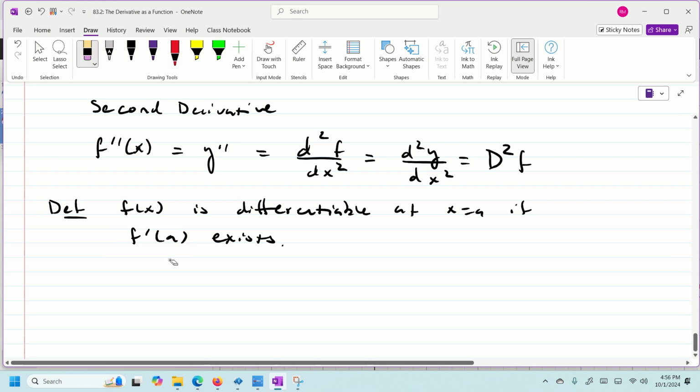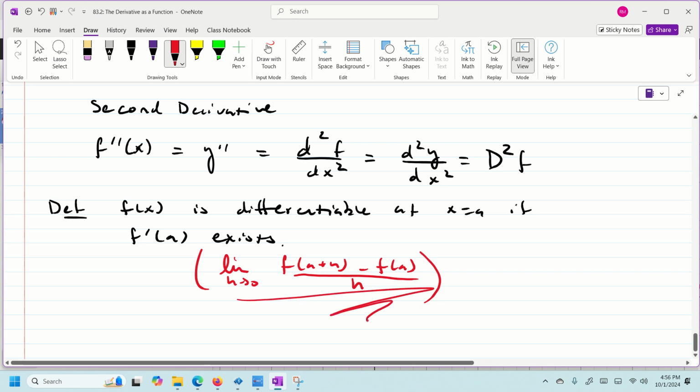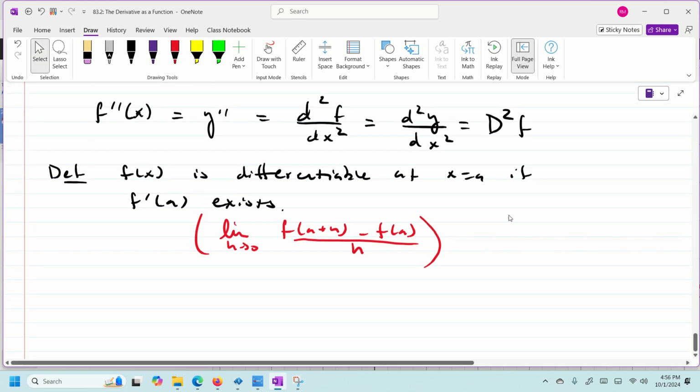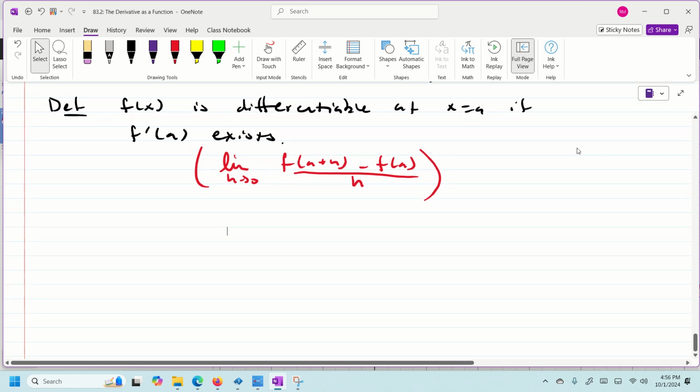But what's f prime of a? f prime of a is the limit as h goes to 0 of f of a plus h minus f of a, divided by h. So if this limit exists at x equal to a, then your function is differentiable there. We'll be using this definition to highlight when a function is not differentiable. In particular, let's take a look at the graph of y equals the absolute value of x.